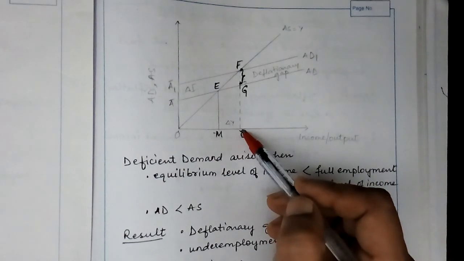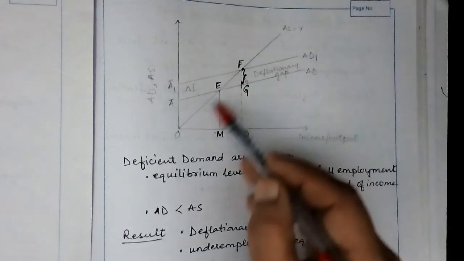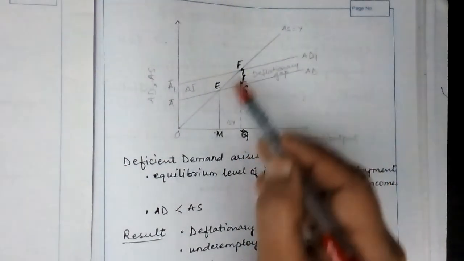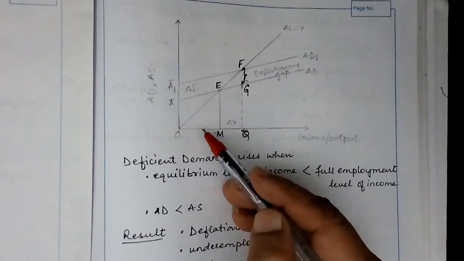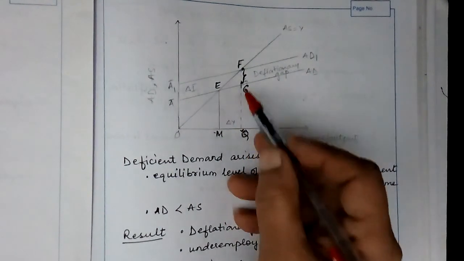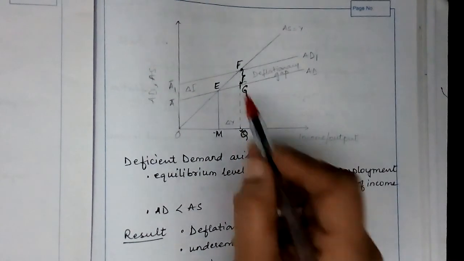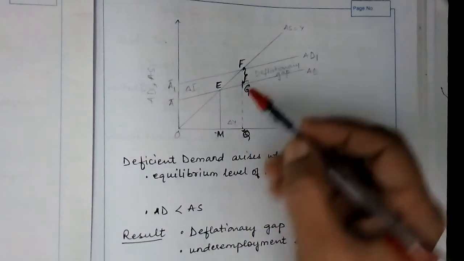Since point F lies on the 45-degree line, however, the actual aggregate demand is GQ. G is here. GQ is less than FQ.